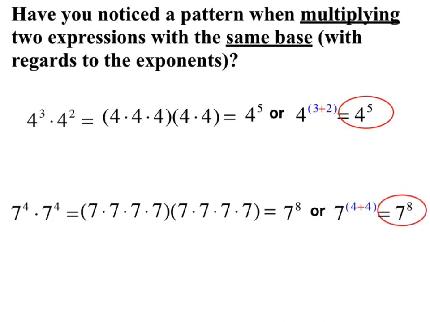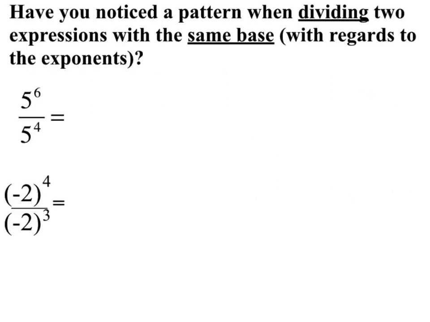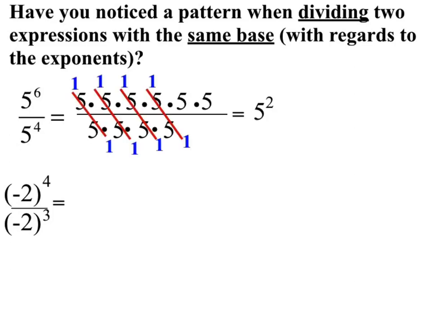Okay? And then we jump to division. Have you noticed a pattern when dividing two expressions with the same base with regards to the exponents? You subtract them, exactly. These are all problems from previous lessons, and I'm just showing you the way that we first did them. But if you simply take the top exponent and subtract the bottom exponent, that is the fastest way of getting to the fact that that simplifies to 5 to the 2nd power.